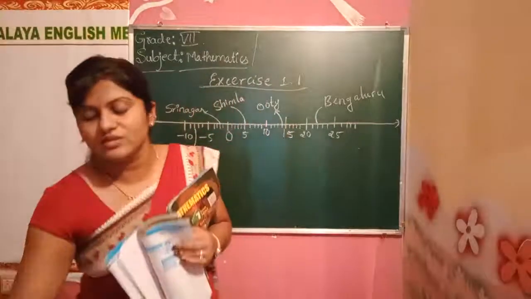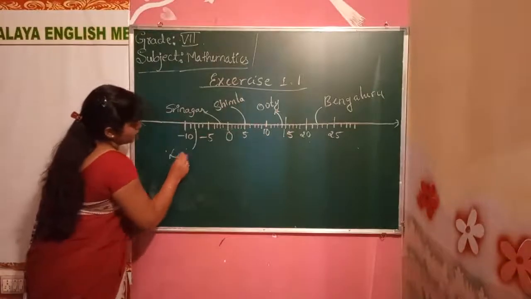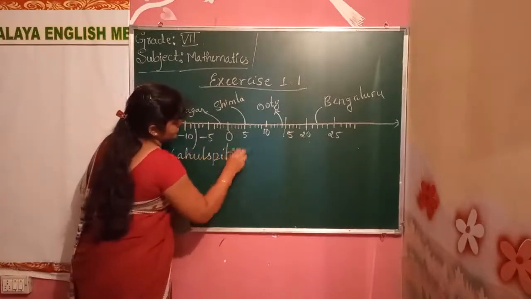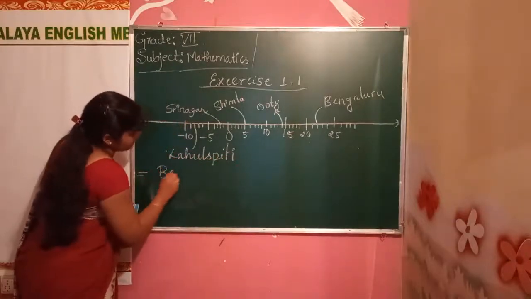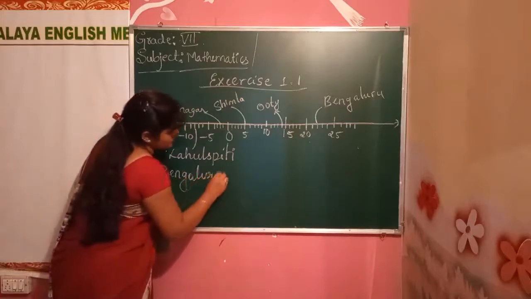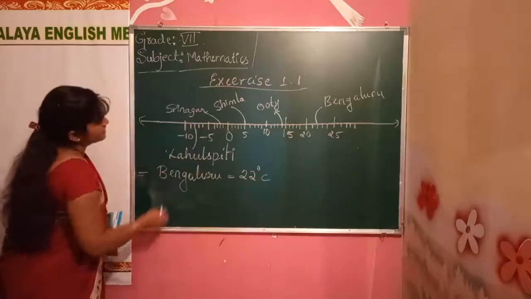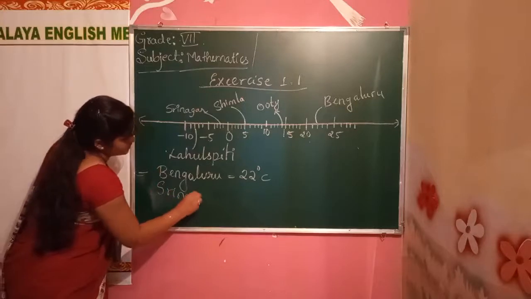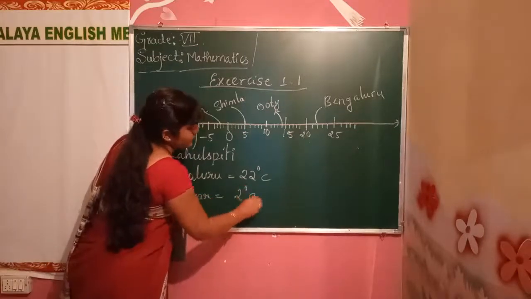How much the difference is? Okay, the Bangalore have the highest 22 degrees Celsius, and here the Srinagar have how much? Srinagar have 2 degrees Celsius.